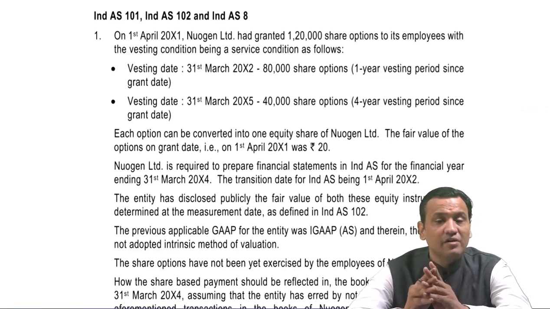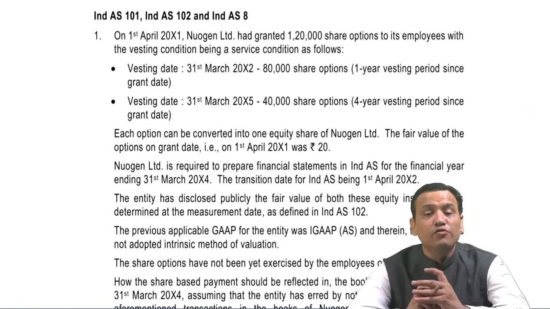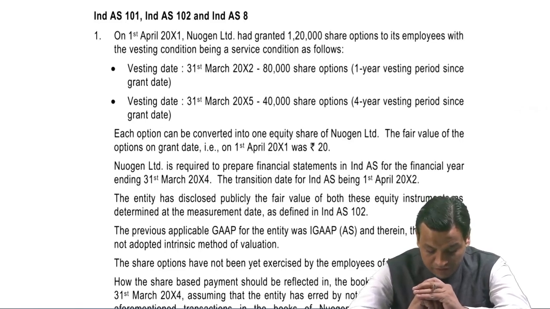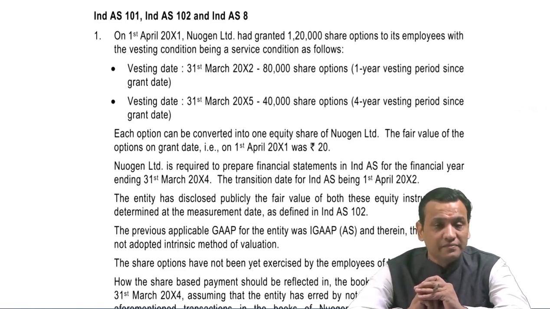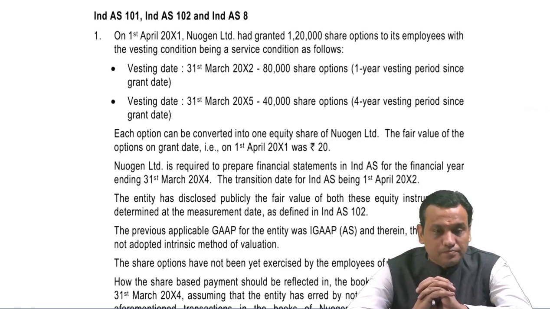Each option can be converted into 1 equity share of Newgen Limited. The fair value of the options on the grant date, that is on 1st April 2001, was Rs 20. Newgen Limited is required to prepare financial statements in Ind AS for the financial year ending on 31st March 2004, the transition date for Ind AS being 1st April 2002.